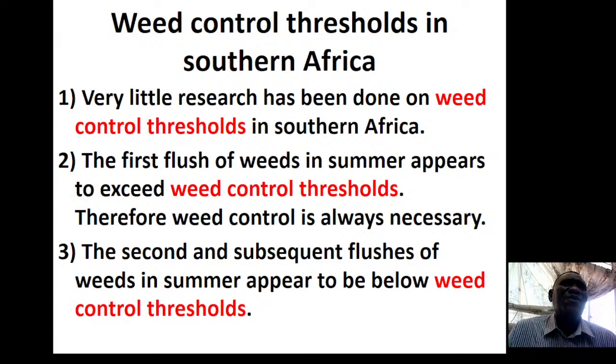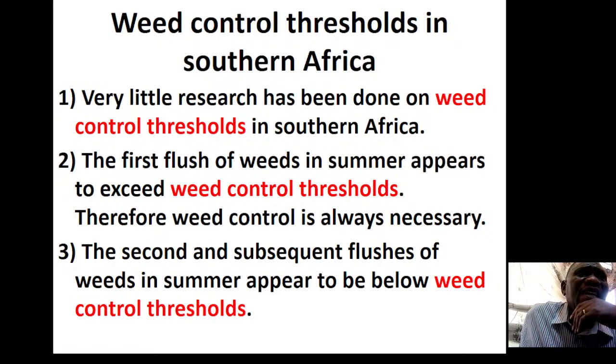The first flush of weeds in summer appears to exceed weed control thresholds. Therefore, weed control is always necessary. The second and subsequent flushes of weeds in summer appear to be below weed control thresholds. But there's a need to do some work.